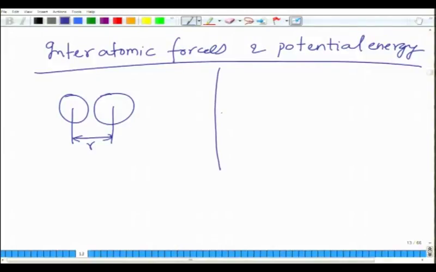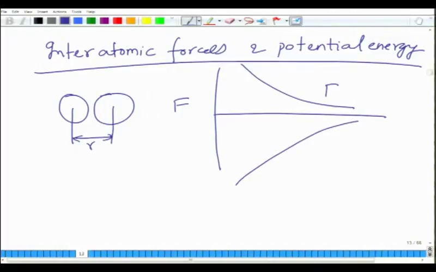Because when you bring these atoms together, there are forces between the atoms, let us say force F. There are two kinds of forces: first is the repulsive force, second is the attractive force. So, this is let us say Fr, this is Fa and this is the distance r. The stable configuration is the configuration where the net force is equal to 0.